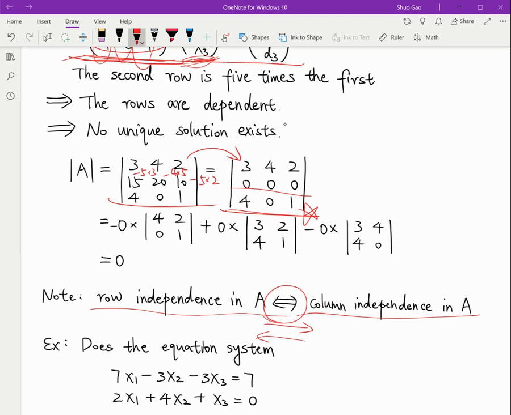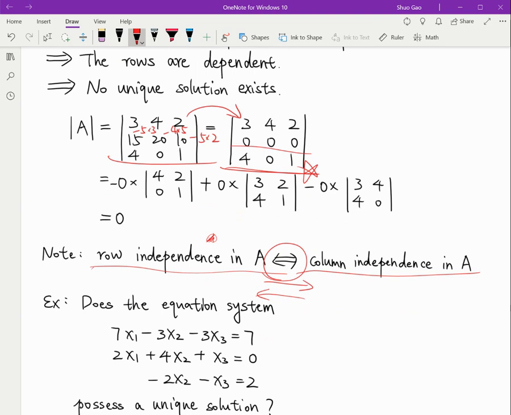So the first statement is the necessary and sufficient condition of the second one. So from the row independence we can know the column independence. So they're the same thing. From one thing we can know the other.